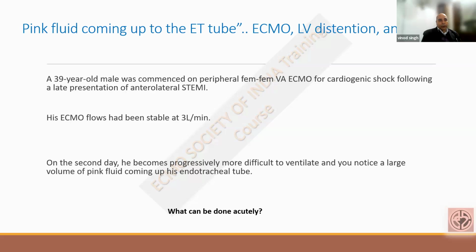Now, a 39-year-old male was commenced on peripheral femoral-femoral VA ECMO with cardiogenic shock. ECMO flow 3 liters per minute. On the second day, he becomes progressively more difficult to ventilate, and you notice that a large volume of pink fluid is coming from his endotracheal tube. What can be done acutely in such patients?